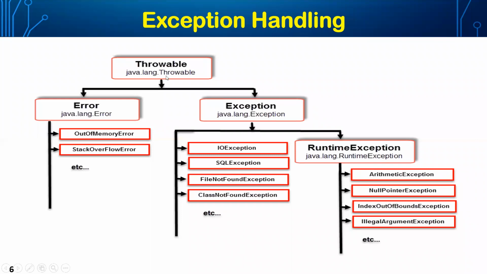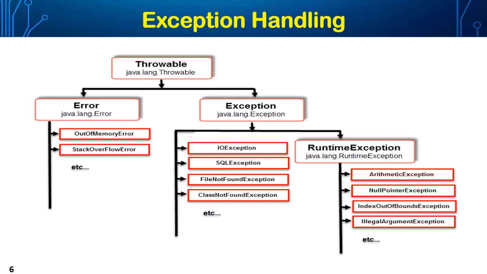Just before we start with exception handling, I just want to tell you what is exception handling. Exception handling is a concept in Java where the flow of execution goes unexpected, and we want to handle that.